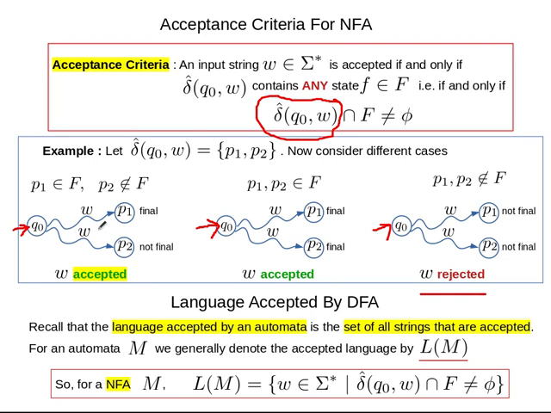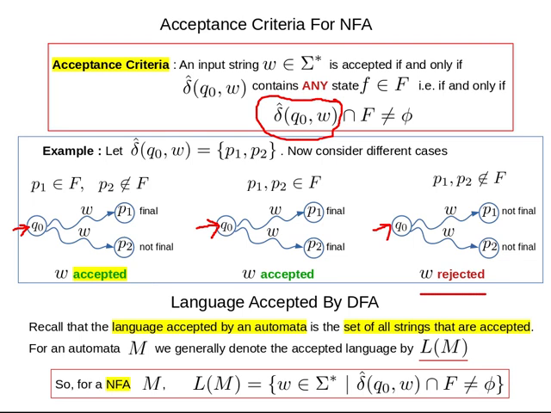So you consider all the paths and all the possible states that it can reach after processing the input, starting from the starting state, of course. And considering all those paths, if you see that at least one of the states that it can reach is a final state, then you say that W, this input string, is accepted. Make sure that you understand this fully. If you want to pause this video, pause it and just let it soak in.